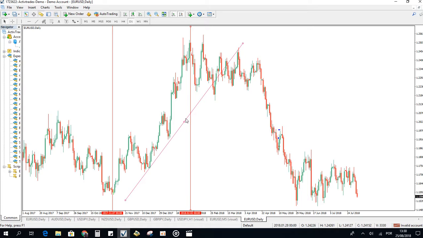So you have all this movement that happened, and the way that I use the Fibonacci is, if I have a movement like this, which is a strong upward trend, with Fibonacci I am able to predict. Let's say it's not perfect, but I can use it as a tool to predict the future.